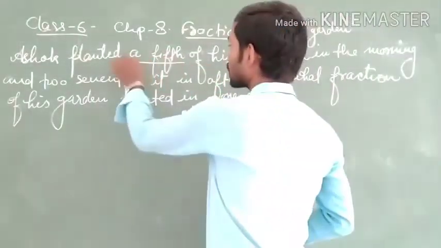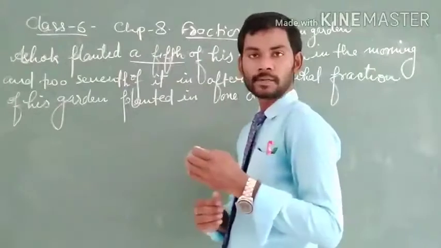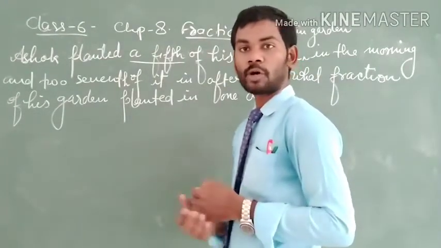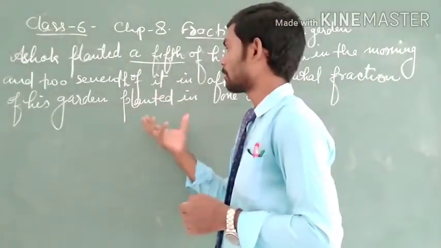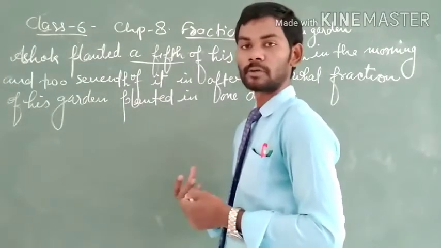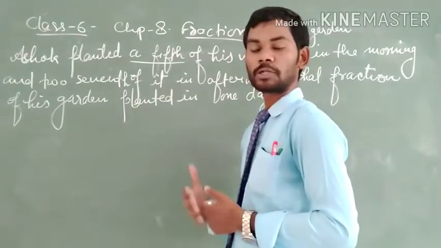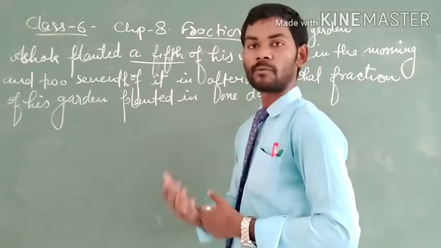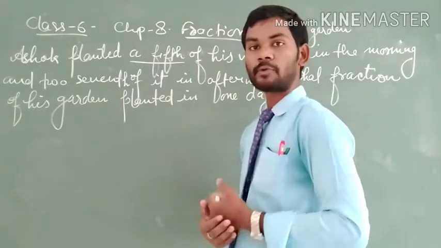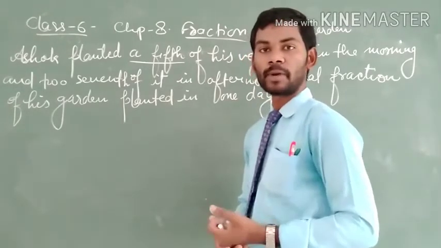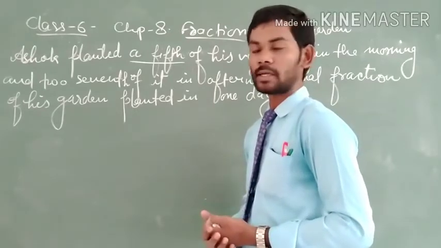Here a fifth means 1/5 part planted in the morning, and 2/7 planted in the afternoon. Then we have to find how much in total he planted in one day.